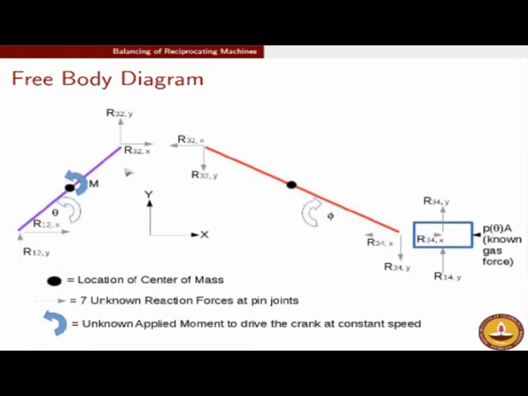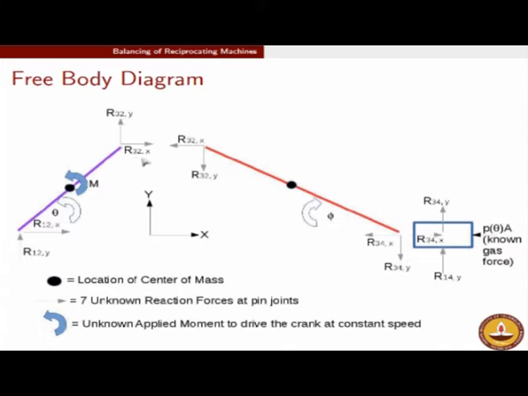With that nomenclature, the free body diagram of the crank will have an unknown moment over here. There are unknown forces which come from the interconnection with the frame; I call them R12,x and R12,y. Similarly, at this end where the crank is connected to the connecting rod, because of the interaction forces between the crank and the connecting rod, there are forces at play. R32,x denotes the force from 3 to 2; if you recall, 3 is our connecting rod and 2 is our crank.